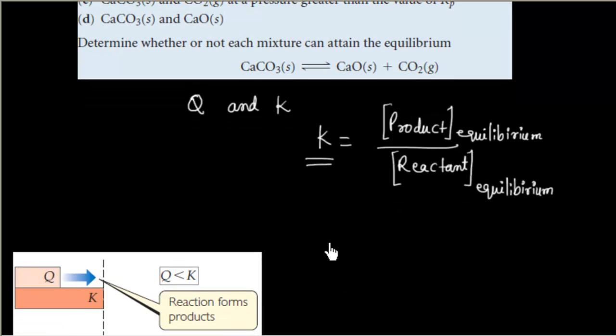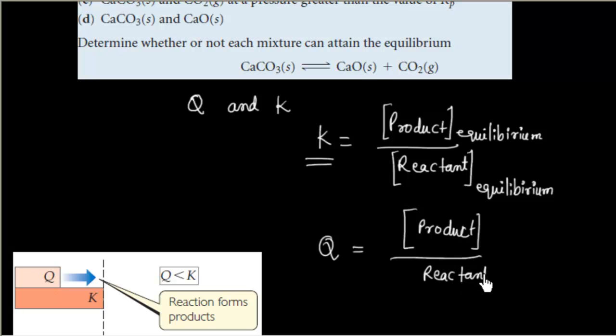Now we have something else, and that is Q. This is again the concentration of product divided by the concentration of reactant, but this time it is not necessarily at equilibrium. The concentration of product is given at some time.